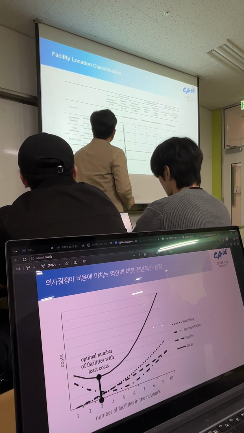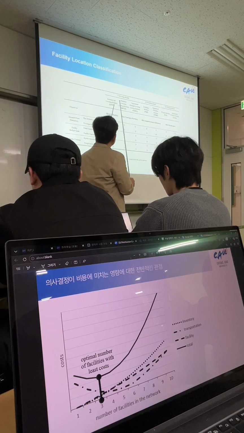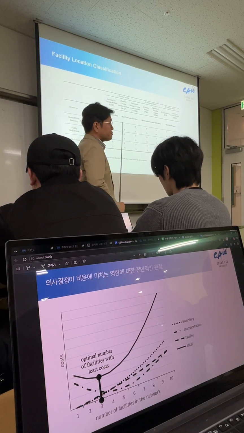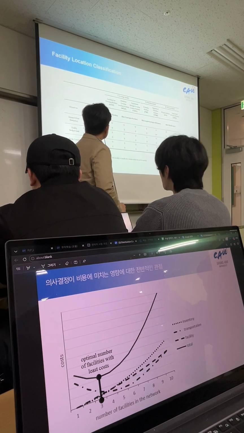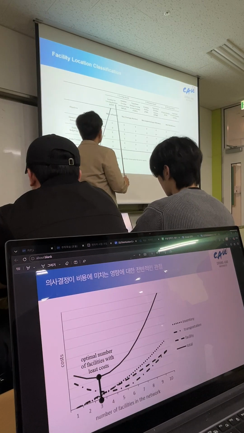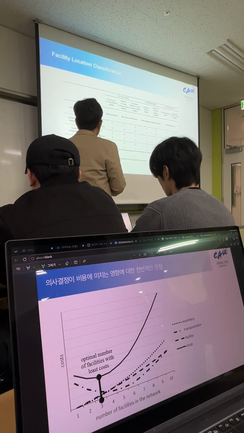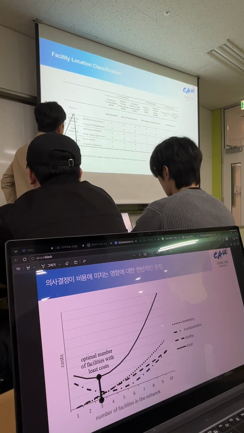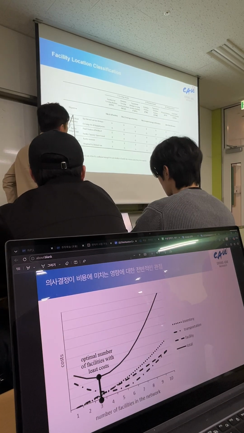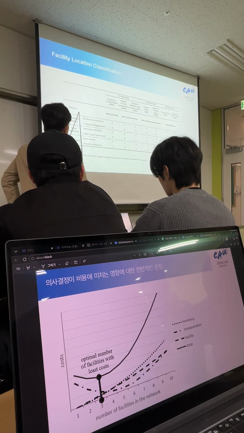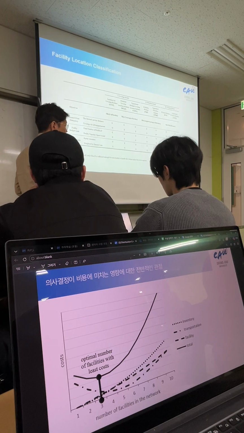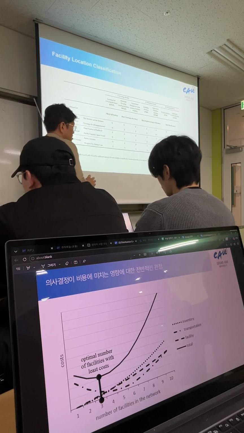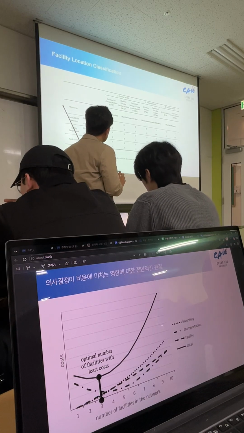And then let's start from the covering problem set. The covering problem set has an objective function. I said the objective function is important. Okay? The objective function is what you want to achieve through the optimization.